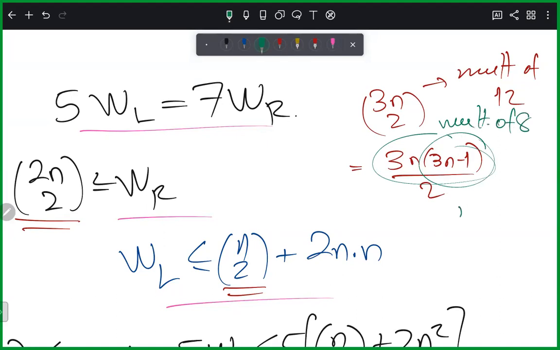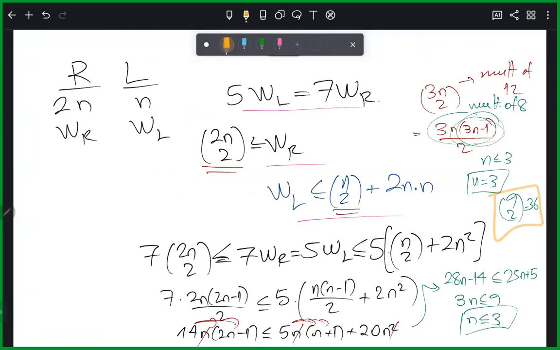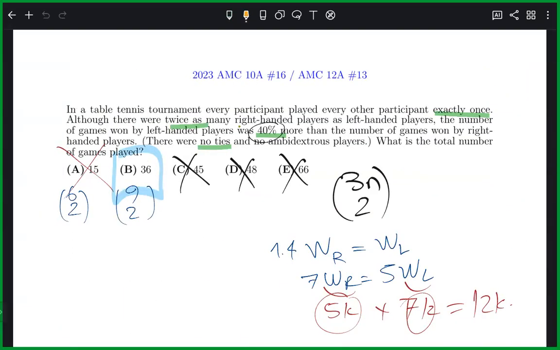Okay, n is less than or equal to 3, and n(3n minus 1) is a multiple of 8. The only number that works is n equals 3. And when n equals 3, there are 9 players, and in total 9 choose 2 games, which is 36. Which is exactly the number that we figured out earlier. So again, our answer is B.